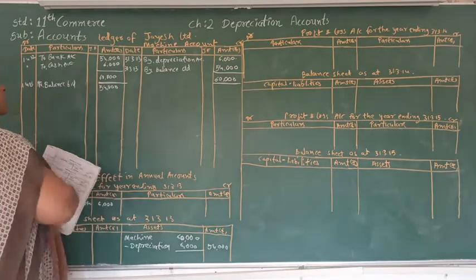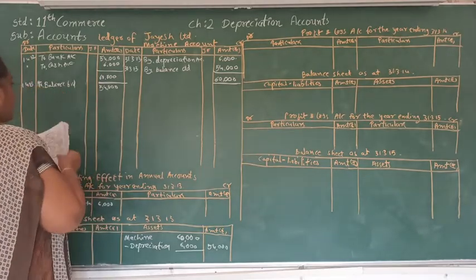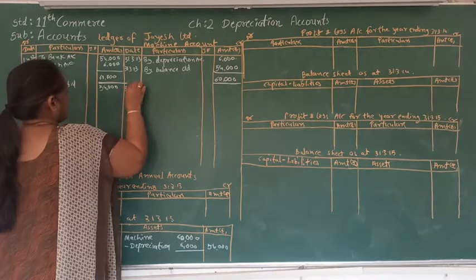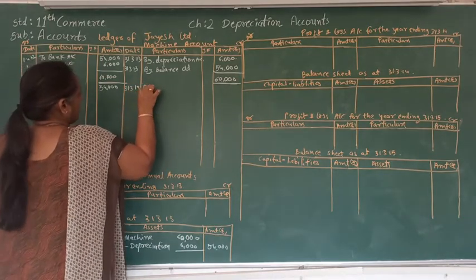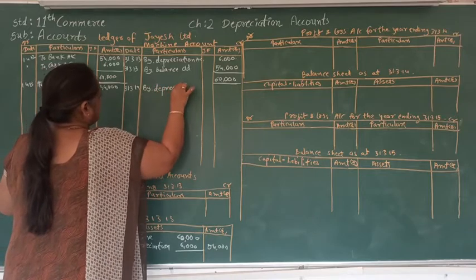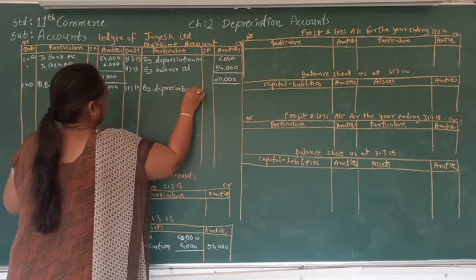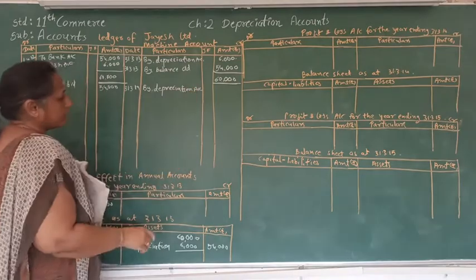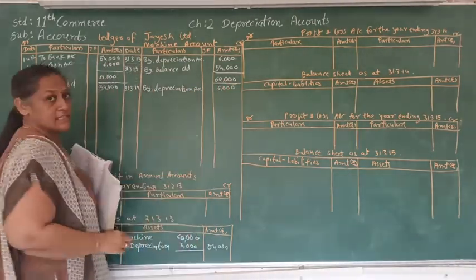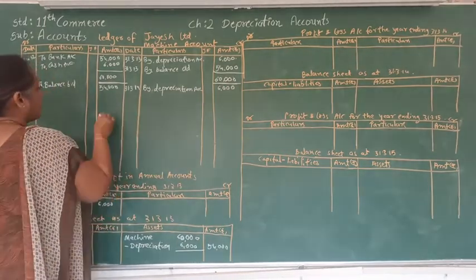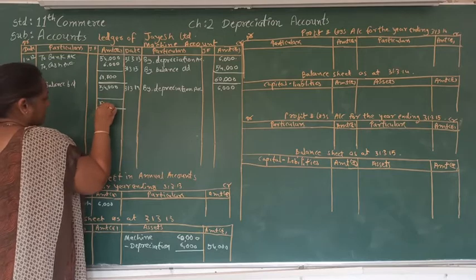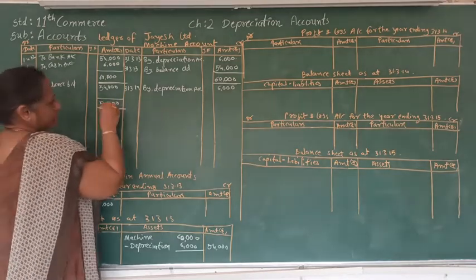Now at the end of the second year we are going to provide depreciation on 31st 3/14, by depreciation account, and that will be again, as we have calculated in the working note, 6,000. Now this is the time to close the machine account for the second year, and that will be 54,000.